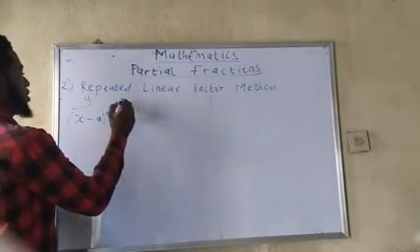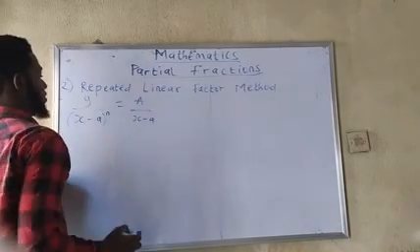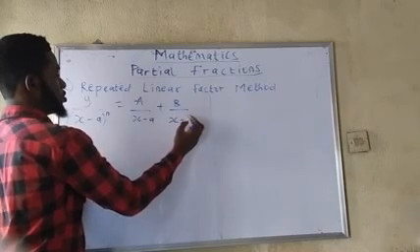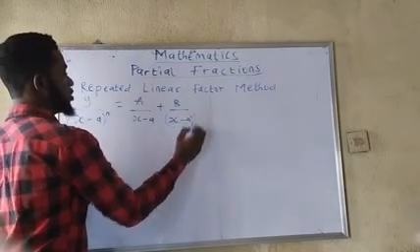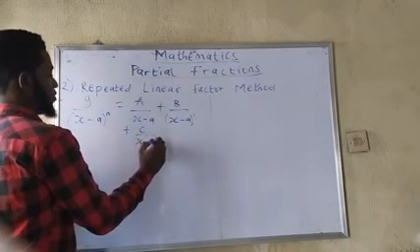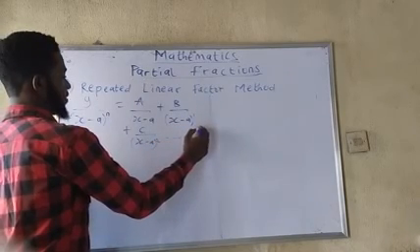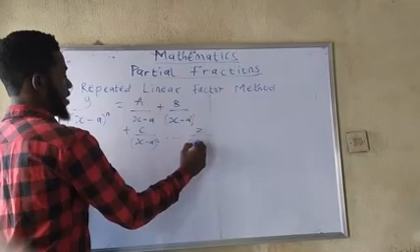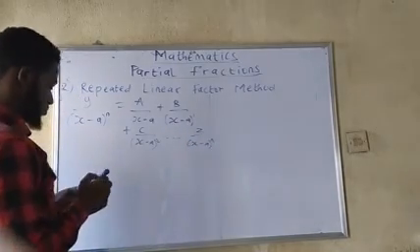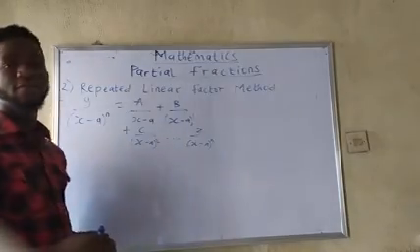So we treat it as A over x minus a, plus B over x minus a raised to the power of 1, plus C over x minus a raised to the power of 2, up to Z over x minus a raised to the power of n. So this is the general way of solving the repeated linear factor method.